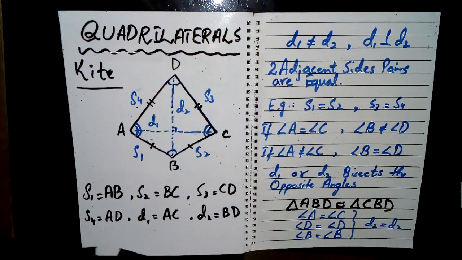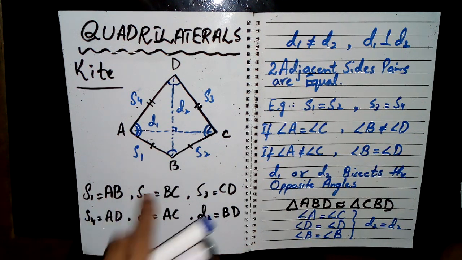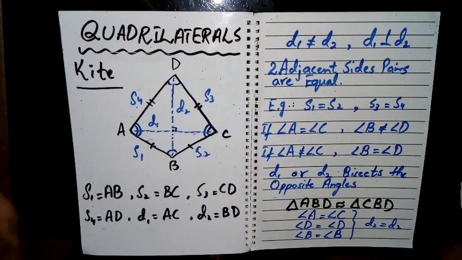Therefore, by using side angle side, these two triangles are congruent. So a kite has two congruent triangles in it.